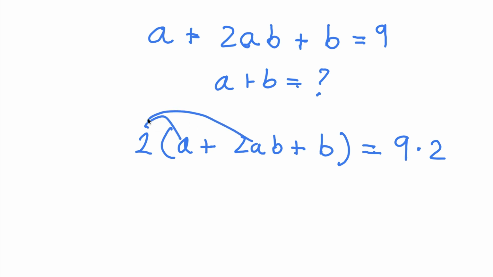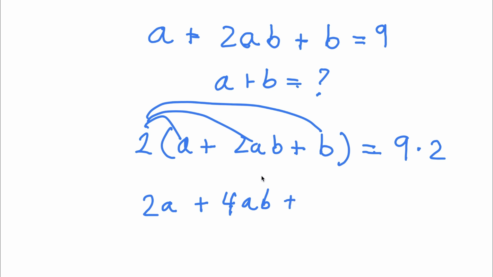Now if I distribute the 2, I get 2a + 4ab + 2b, and this is equal to 9 times 2, which is 18.